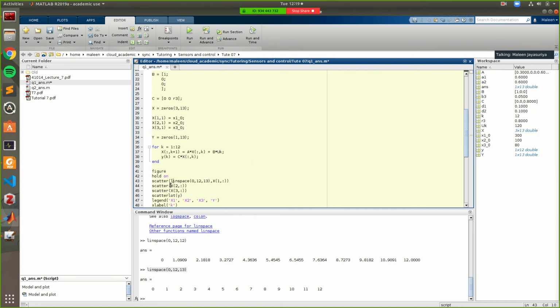So linspace just creates a set of values that start at 0, end at 12, and then we can tell it how many discrete steps we want those values to be at, right? So I just have to add that in.